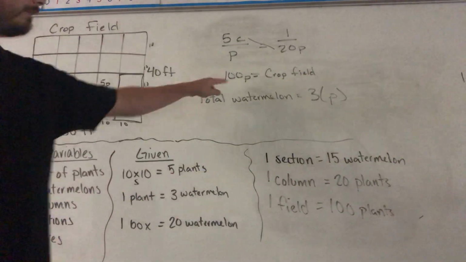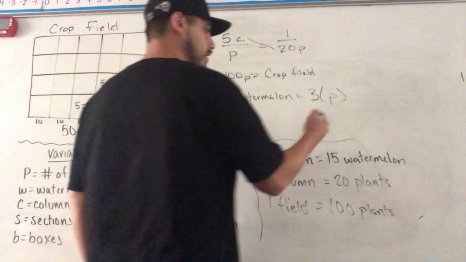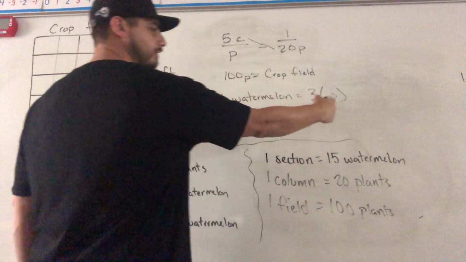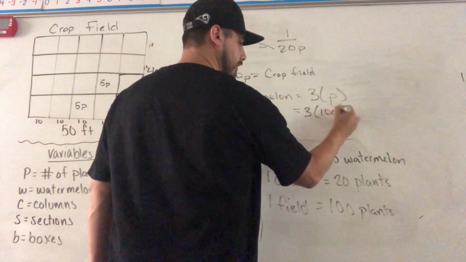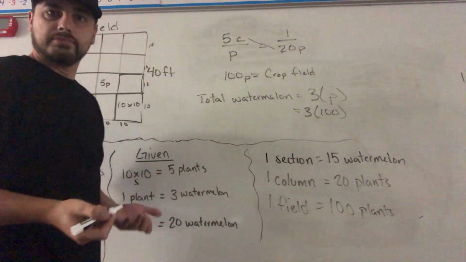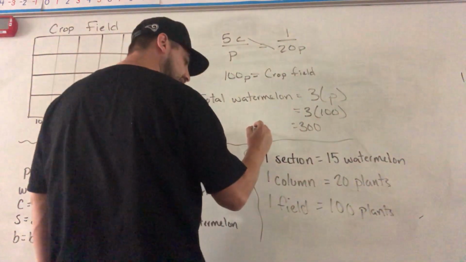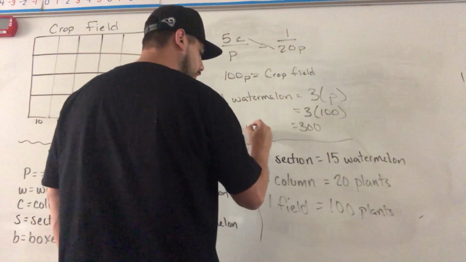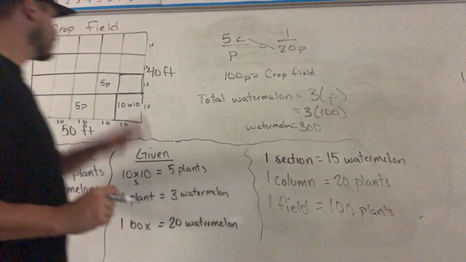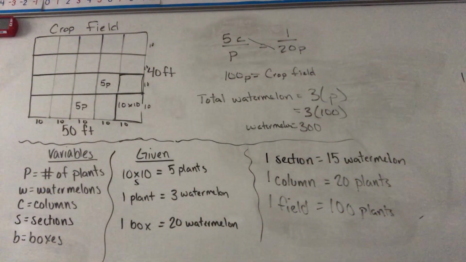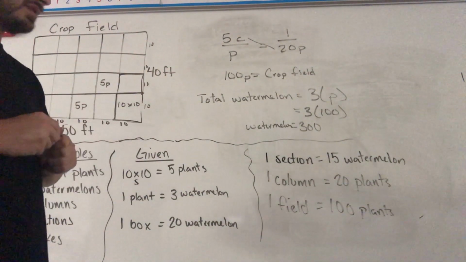Well, we just found out how many plants total in the whole field. There's 100. So I'm going to substitute this 100 for the P. So this equals 3 times 100. What's 3 times 100? It's 300. So there is a total of 300 watermelon in this whole entire field. And we found that out with our given information using ratios and proportionality and expressions and equations.